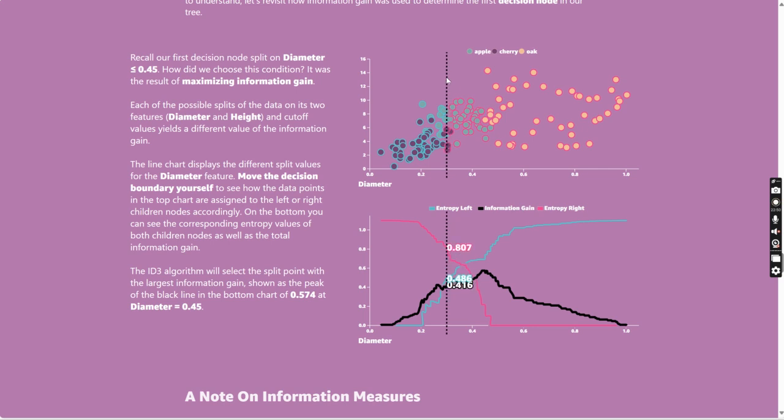If I go to the left, look at the black line, see 0.52, 0.525, 0.486, 0.514. Information gain is decreasing, entropy is increasing there. Our aim is to decrease the entropy. So that's what is happening here. So the second split will be done on the basis of this information.